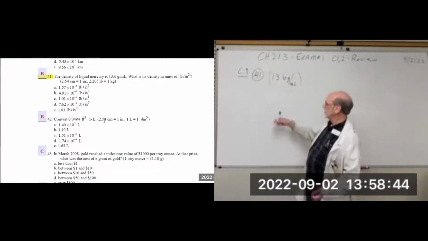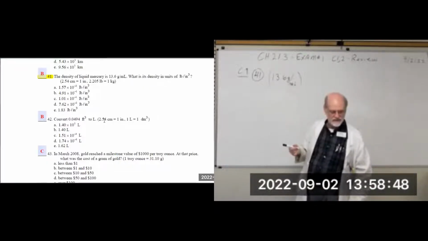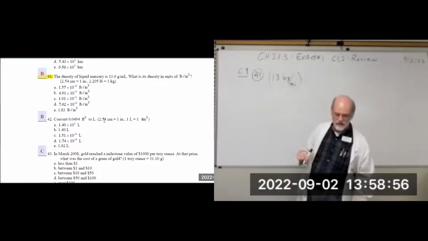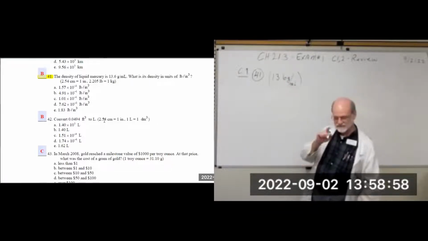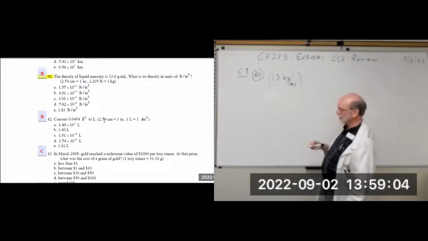By the way, will that sink or float in water? Sink. If the density is greater than water, it'll sink. And what's the density of water? 1 gram per milliliter. Okay.